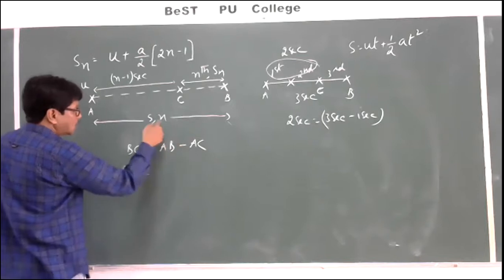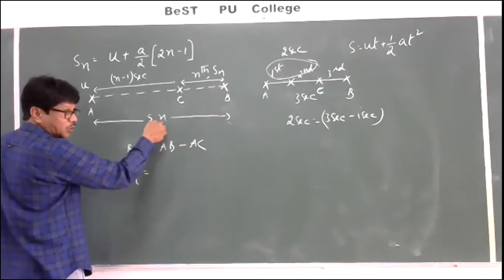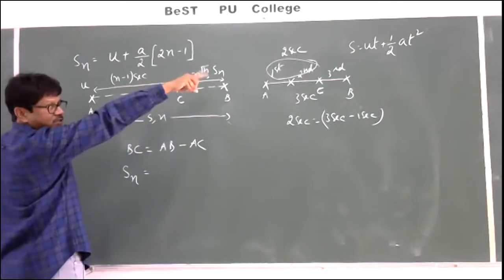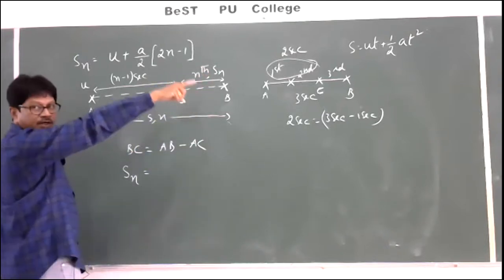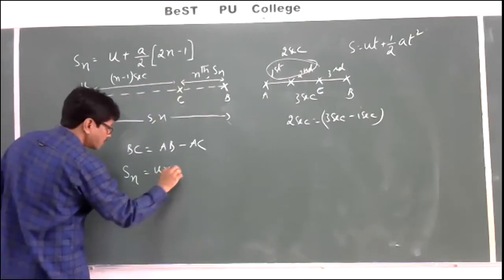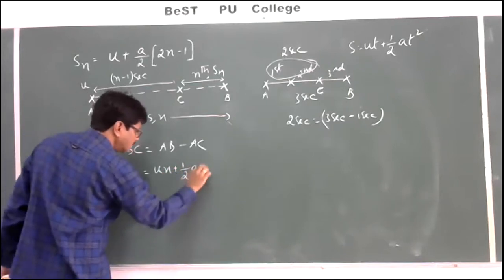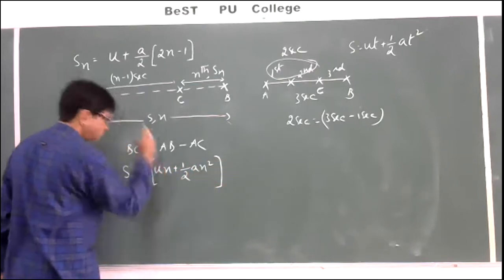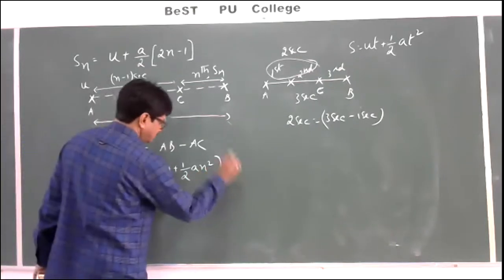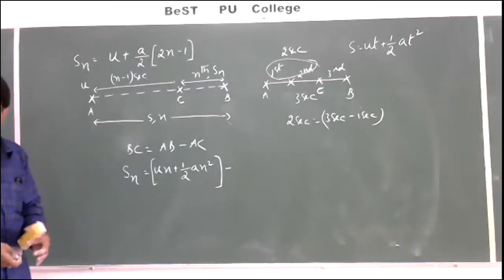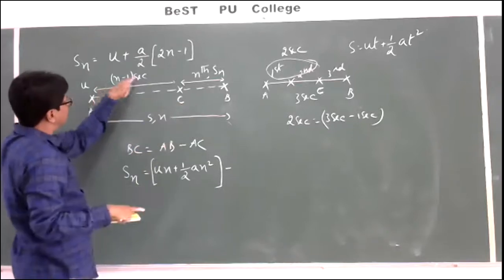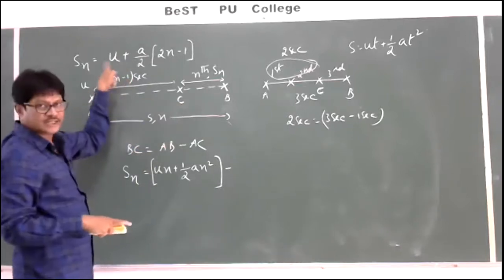AB is the total distance traveled in a total time of n seconds. Then you go with the formula S is equal to ut plus half at square. Instead of t, what do we have now? n. So, un plus half an square, minus, what is AC? AC is the total distance traveled in a total time of n minus 1 seconds.